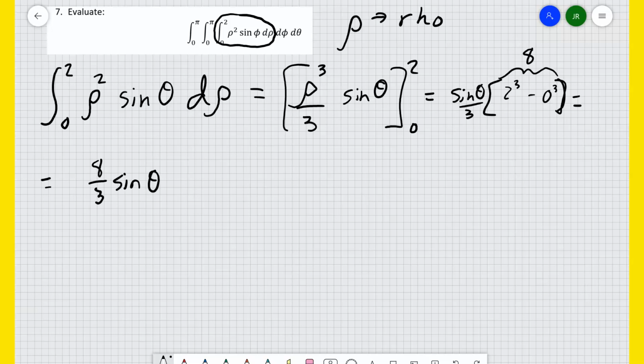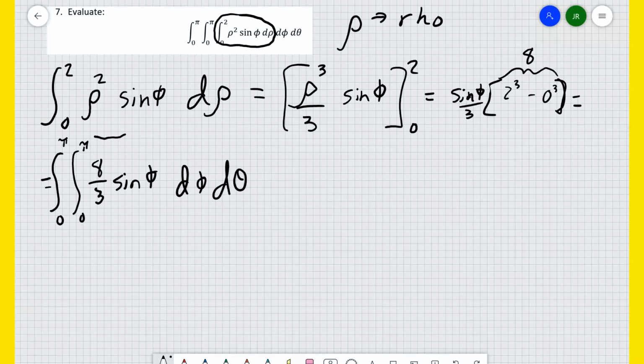And now I'm integrating that. Was it a theta? No, it wasn't a theta, it was a phi. I'm sorry. That whole theta thing is supposed to just be a phi. And that's d phi, d theta now.